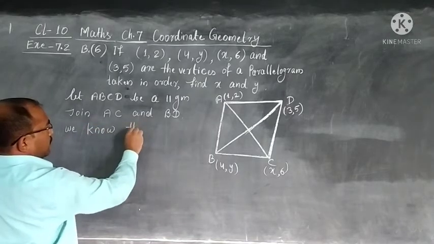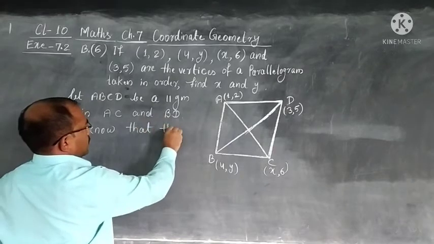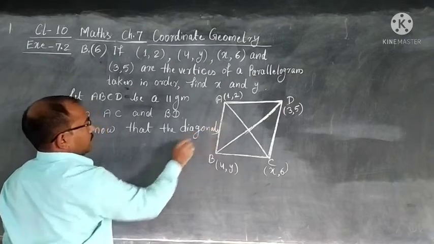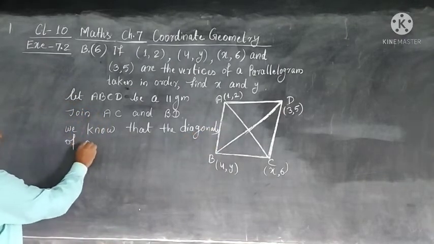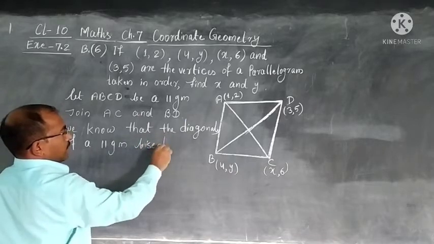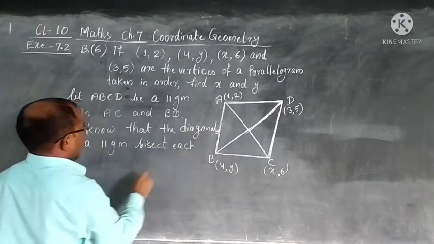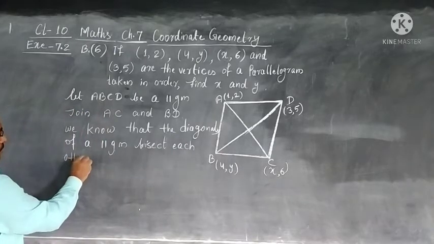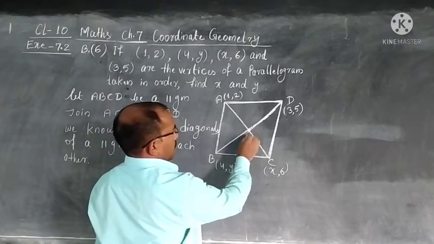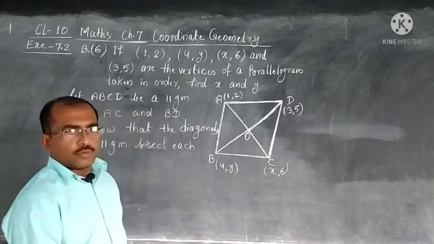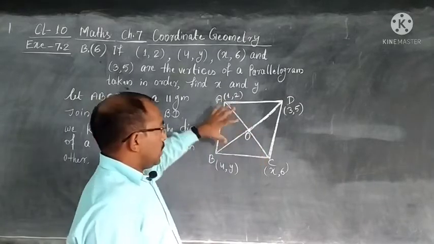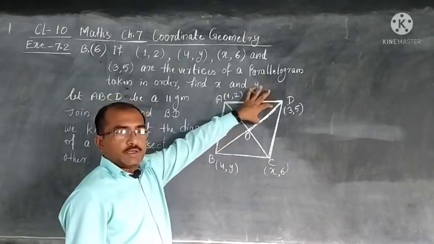We know that the diagonals of a parallelogram bisect each other. So we see in the diagram they are bisecting at a point; suppose we mark it O. So AO will be equal to OC and OB will be equal to OD.